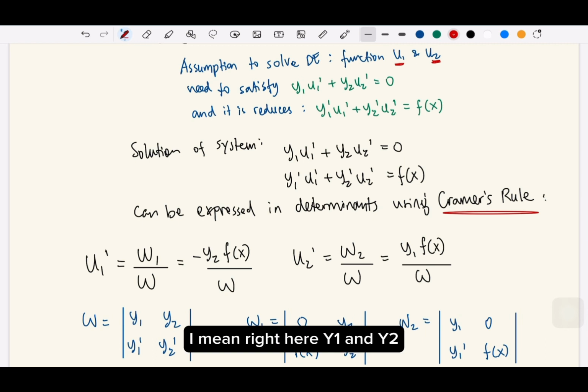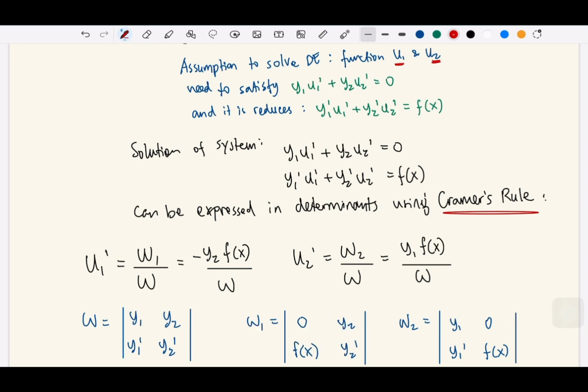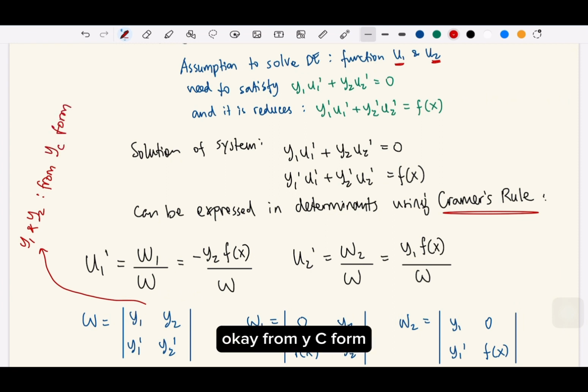Let me write here, y1 and y2, from the complementary form.